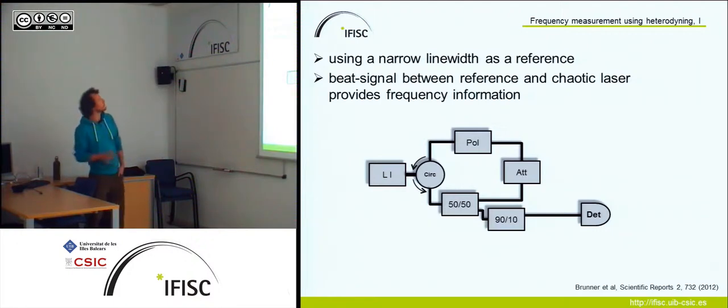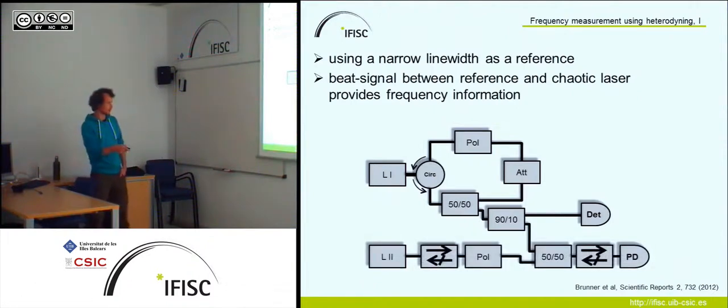So basically what we do now is, this is the setup I showed you before. Here we have again the circulator, here a power splitter, and then here the polarizer, just to set the conditions. And now here we have a second splitter. What we do now is we add a second laser which has no optical feedback, which is ensured here by an isolator, and which has a narrow line width.